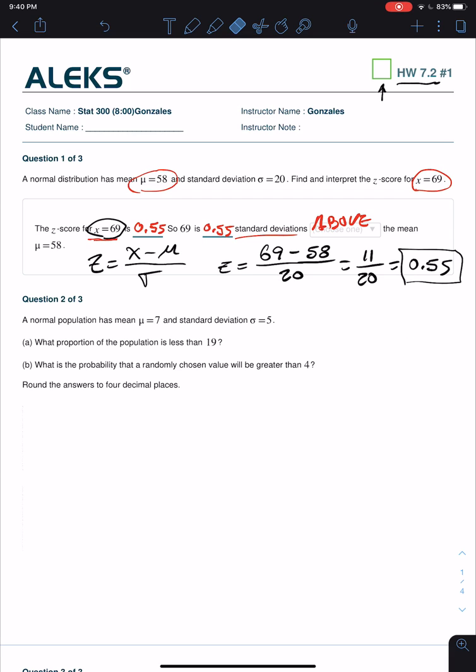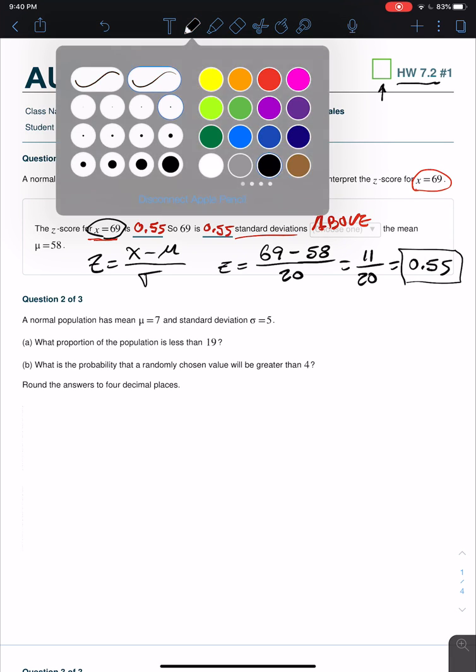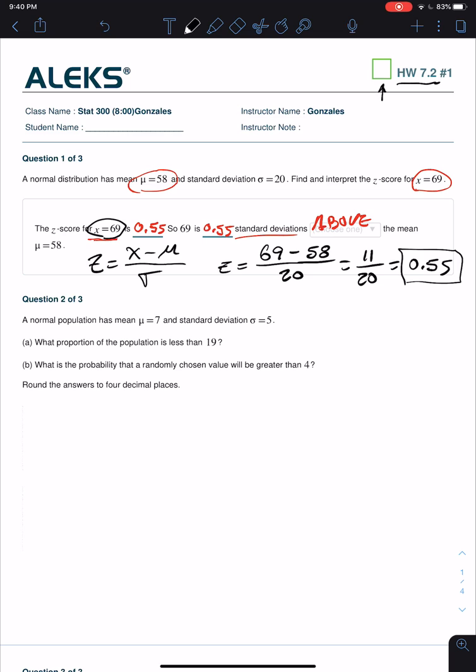So our next problem here says a normal population has a mean of 7 and a standard deviation of 5. What proportion of the population is less than 19? So once again, let's go with this idea of raw data.